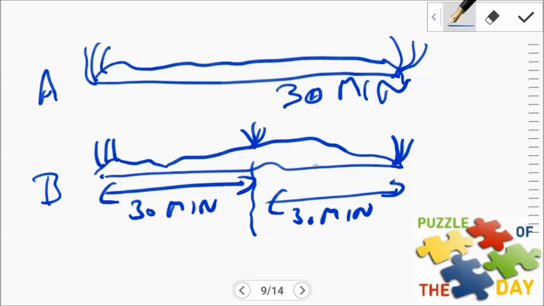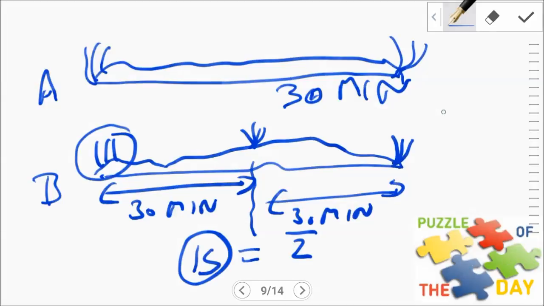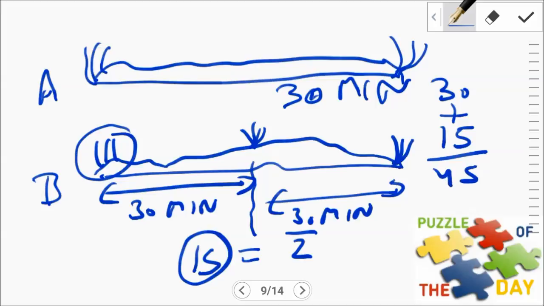The remaining rope was going to finish burning in 30 minutes, but now that I light the other end, I double the speed of burning, and it's going to finish in exactly half the time, which is 15 minutes. So that way I'll be able to measure 30 minutes and 15 minutes, which is 45 minutes, which was my original problem to solve.